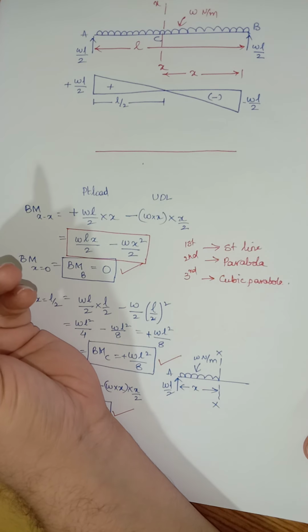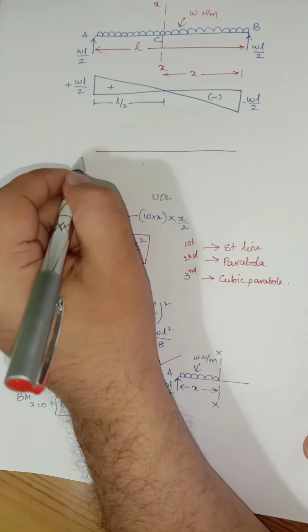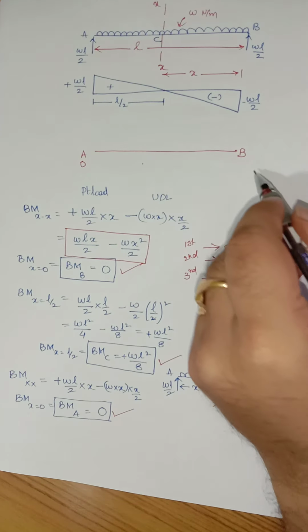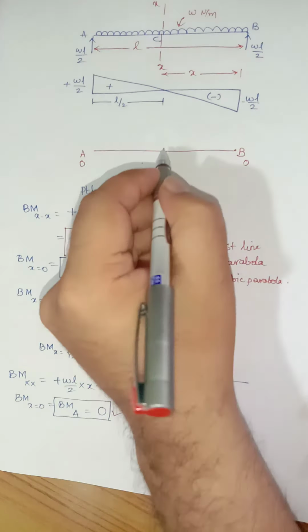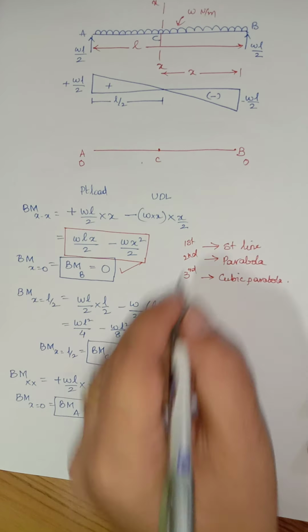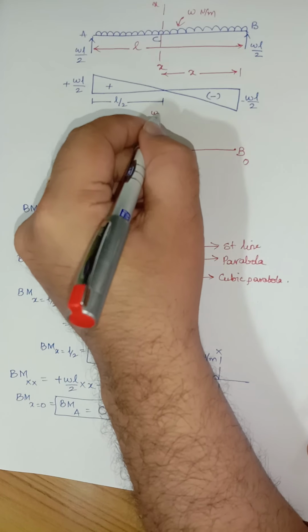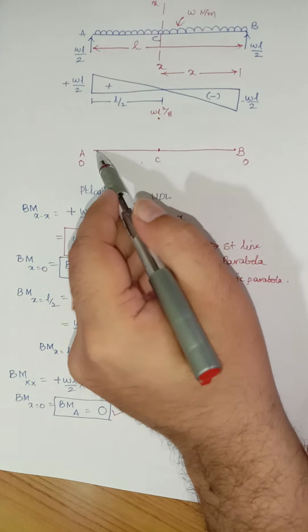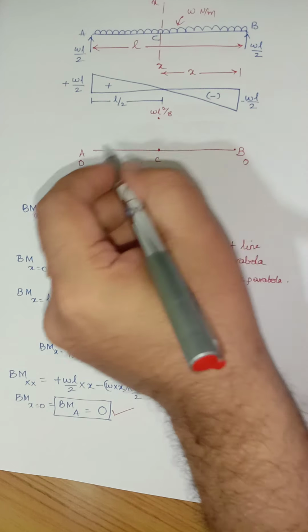Now same thing again, just simply draw a baseline, and at point A bending moment is 0, at point B again the bending moment is 0, and exactly at point C we got the maximum bending moment, that is WL square by 8. So I am marking WL square by 8 over here. And the variation from point A to point C and point B will be a parabola.